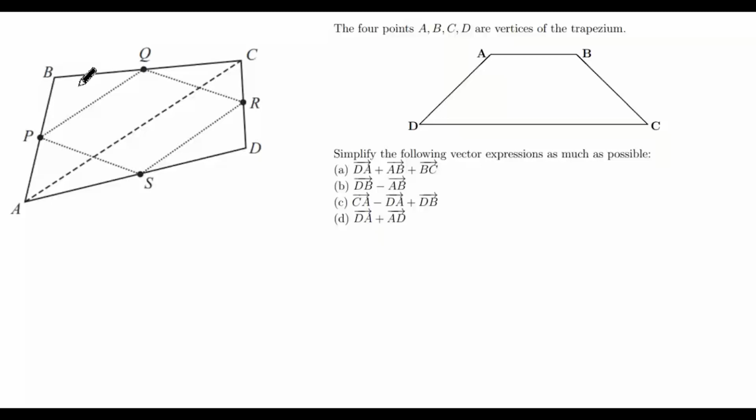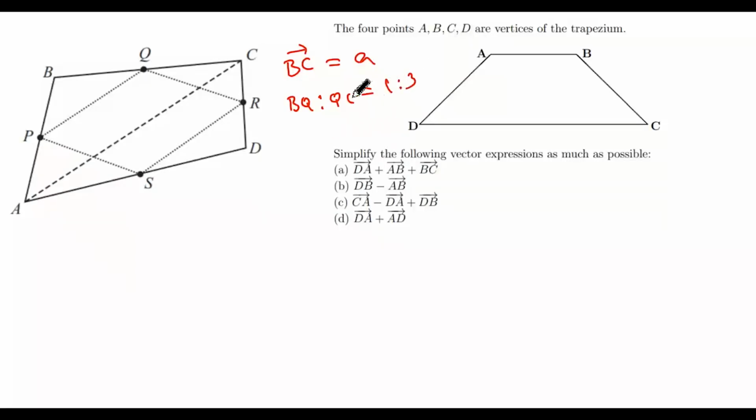You can have it in this form, and then you will be asked to find a particular side, and at times you'll be given a side in form of a ratio. So let's take, for instance, vector BC is equal to A, and you'll be told that the ratio of BQ to QC is, let's say, 1 to 3.